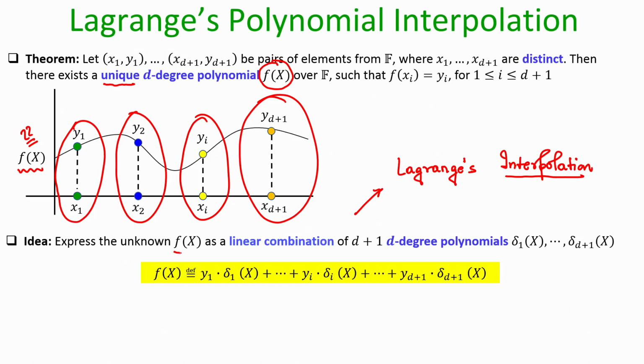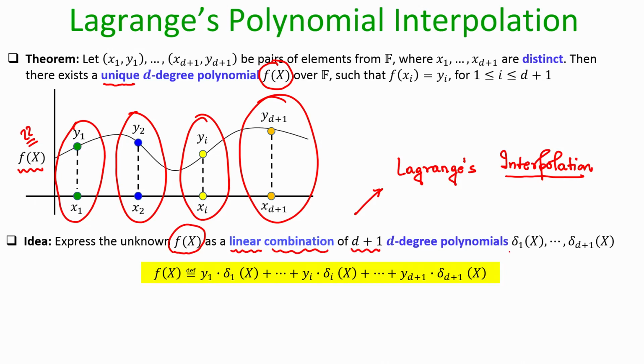Our goal is to find this unknown f of x polynomial passing through the given d plus 1 x y pairs. The idea behind the Lagrange interpolation is that we should try to express this unknown f of x polynomial which we want to compute as a linear combination of d plus 1 number of d degree polynomials.